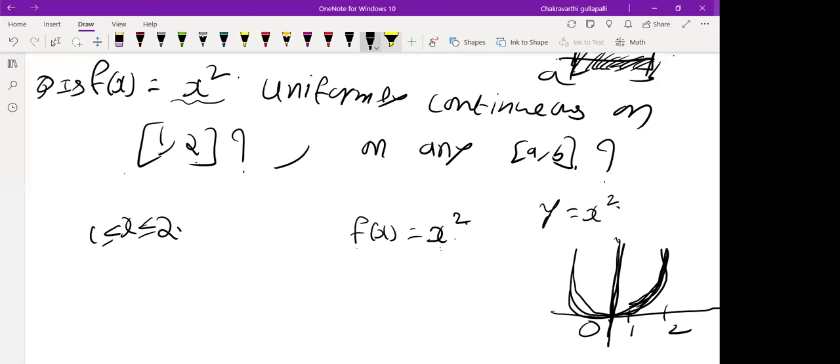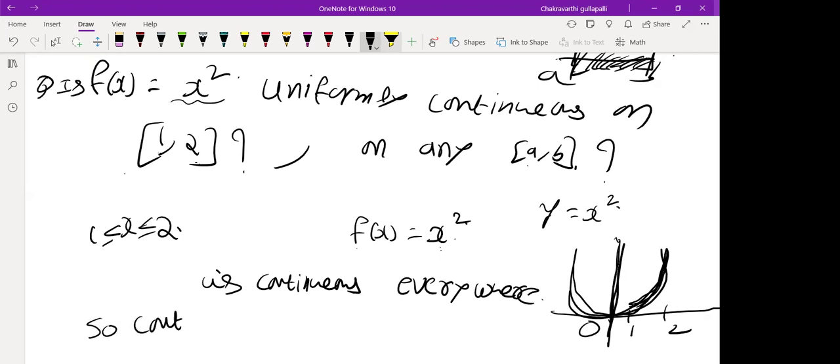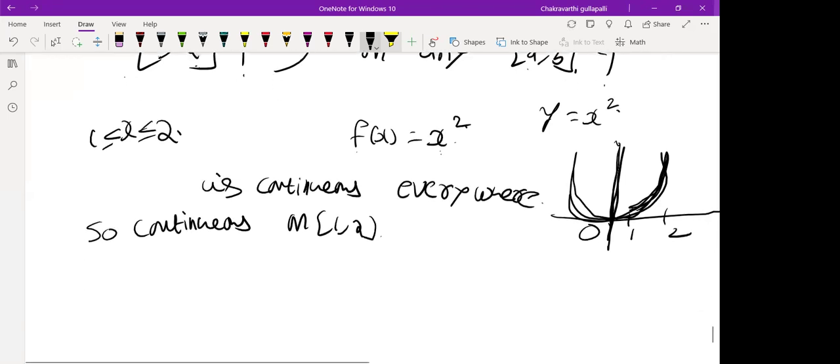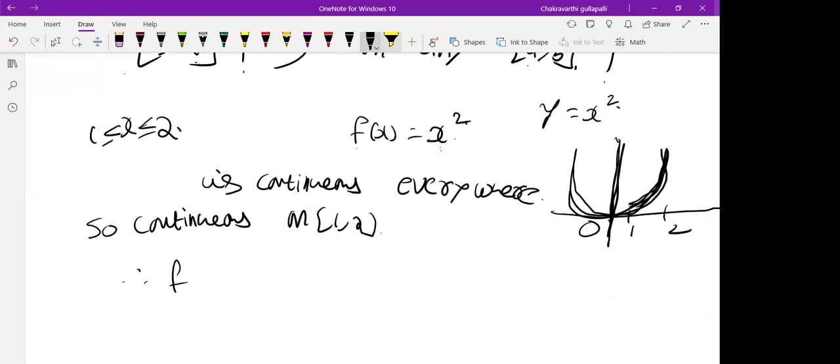Therefore, it is always smooth, continuous everywhere, not only on [1, 2]. In particular, on this interval also it is continuous. Therefore, f is uniformly continuous.